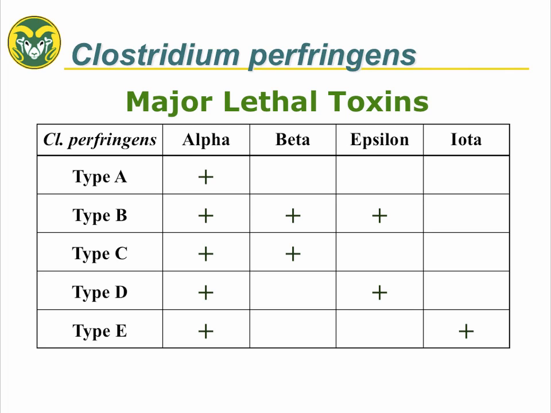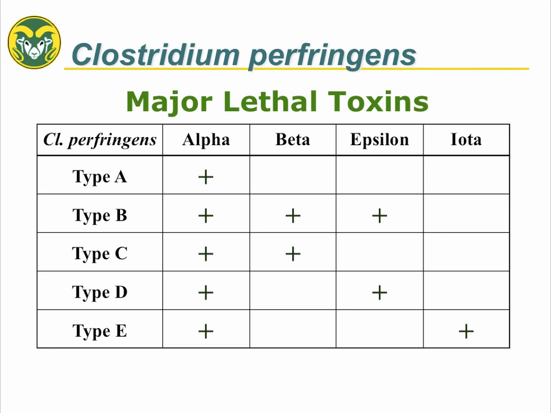As you can see here, all types will carry the alpha toxin. We'll go over that in the next slide a little bit more. Beta toxin is carried by type B and type C, and then the epsilon toxin is in both type B and type D. And I'll just forewarn you here, in one of the later talks, we're going to talk about a mistake that's actually in your notes relative to this, and we'll get that corrected in your notes as well.